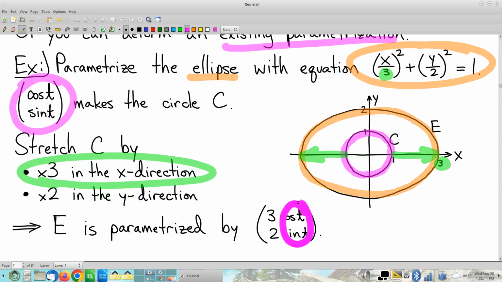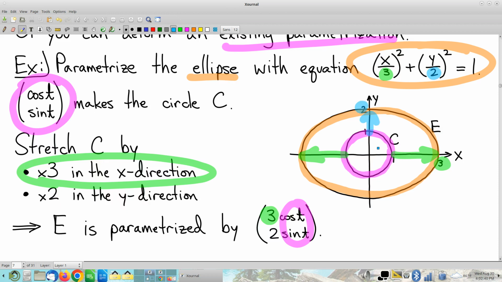Well, my existing parameterization of cosine and sine, I'm going to stretch by a factor of 3 horizontally by multiplying by 3 in the x-coordinate. Now all my x-coordinates are 3 times bigger. I have stretched by a factor of 3. Likewise, this 2 right there tells me that coordinate is 2.